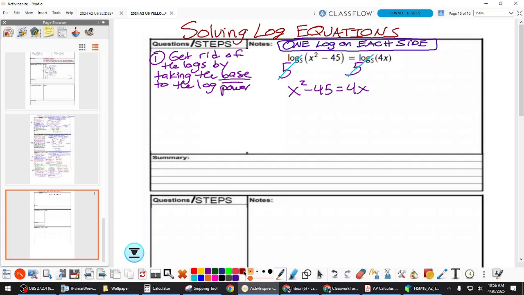The description of the steps on this is a little short because that step is kind of the main one. You take the base to the log power and then the logs are gone. And you're dealing maybe with a quadratic like this one or maybe a linear. And then you just solve like normal from there.